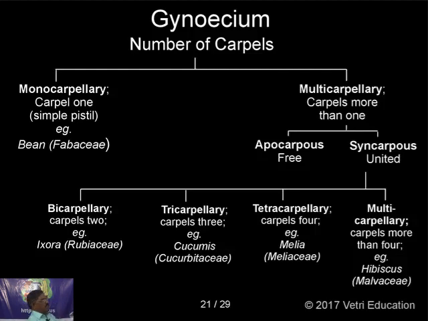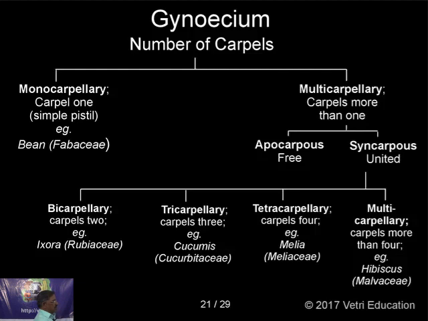If more than one, that is called multicarpellary condition. In this we have two more types: one is called apocarpous, another is syncarpous. When the carpels are freely arranged, they never unite. Just like in Annona, the carpels are free. Whereas when the carpels are united, that is called syncarpous condition.